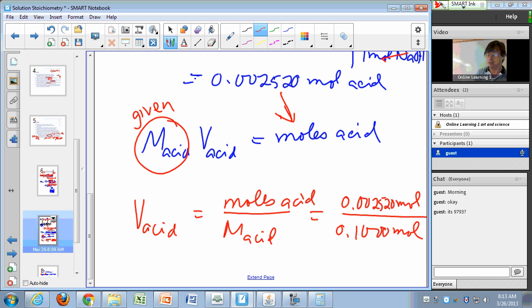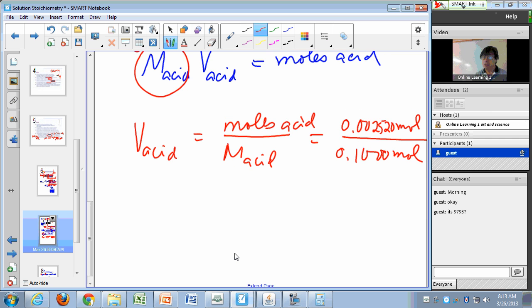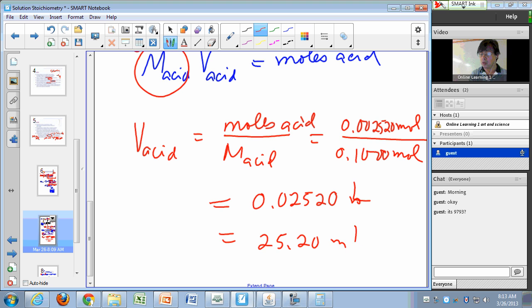Let's just assume it has 4 sig figs. Okay. So that's going to be equal to 0.02520 liters. In milliliters, that would be 25.20 milliliters. Okay? So that's what you'll need to do.